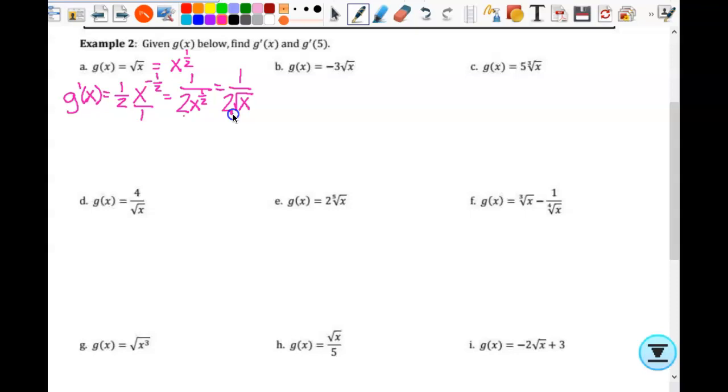Everybody okay with where that came from? You'll have to do this kind of thing a lot, and you'll get a little quicker. You don't have to write every single step, but so now I need g prime of 5. So that's equal to 1 over 2 times the square root of 5. And that's it. You're done. You don't have to rationalize anything.